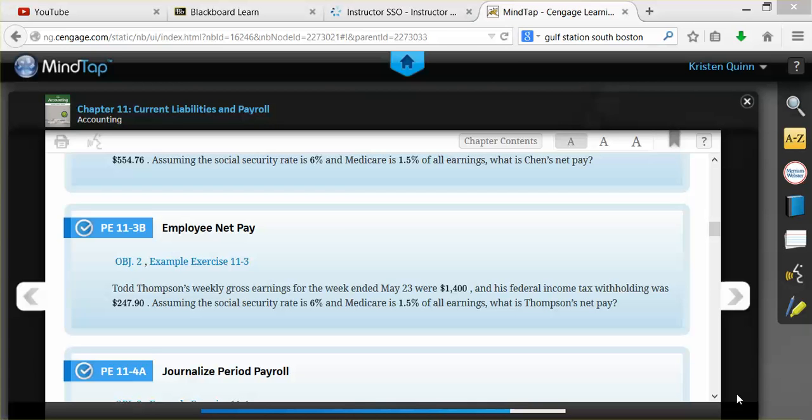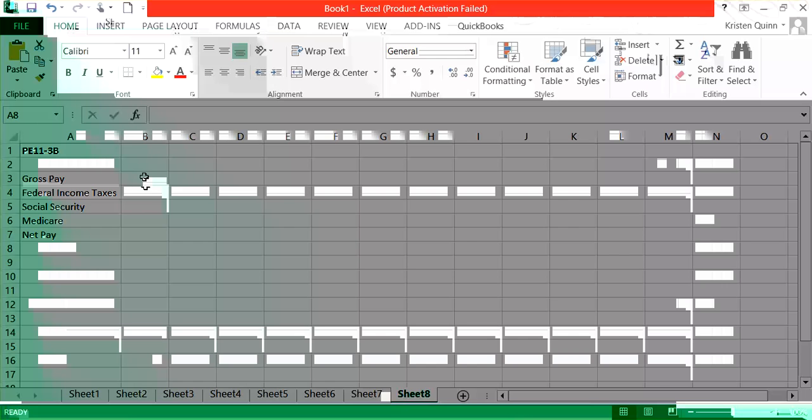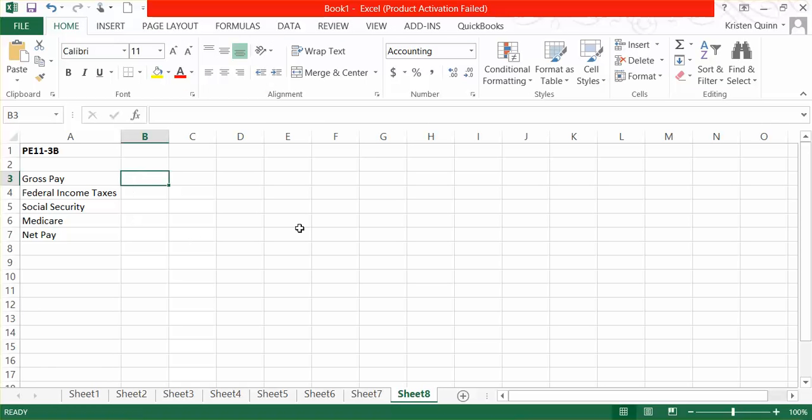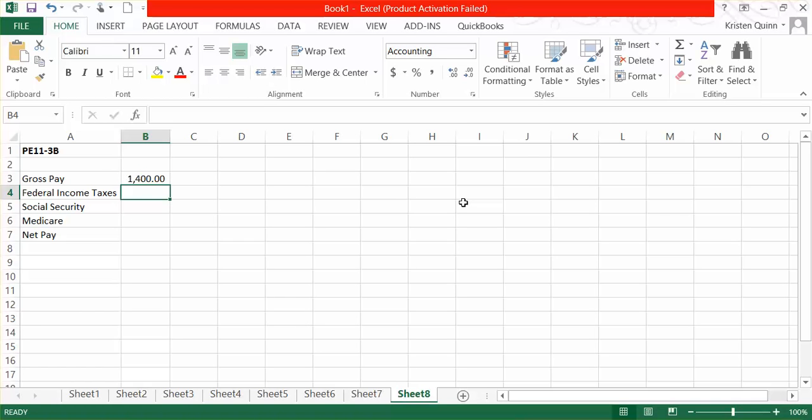We know from this example, and we calculated it in the prior example, that their federal income taxes that were withheld were $247.90. They tell us to assume a Social Security rate of 6%.